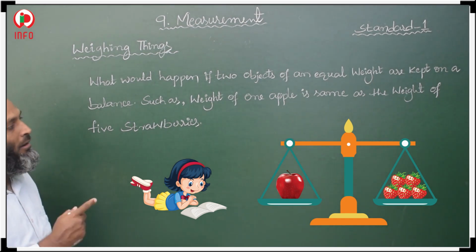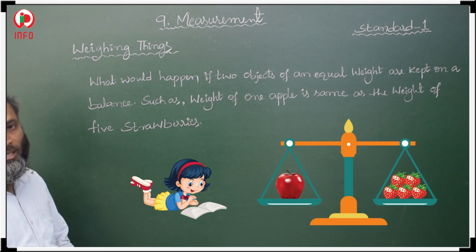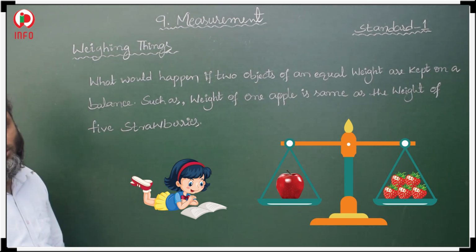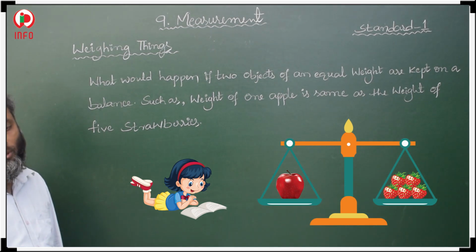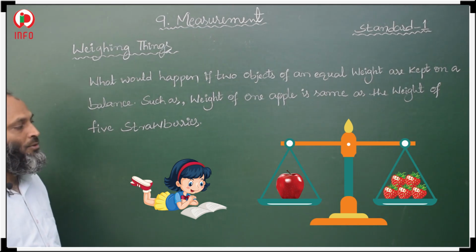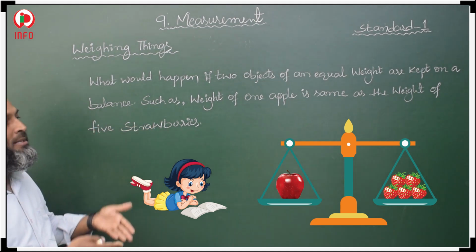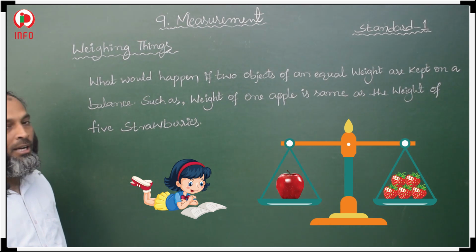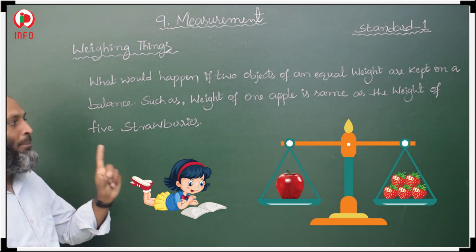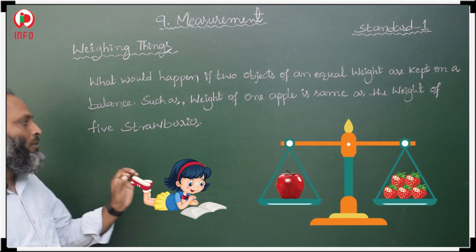So here on the first pan, what is given? On the first pan, one apple we kept. On the second pan, 5 strawberries we kept. How many strawberries? 5 strawberries. So the rod is straight. It means the two pans are on the same level. It means one apple weight is equal to 5 strawberries weight.